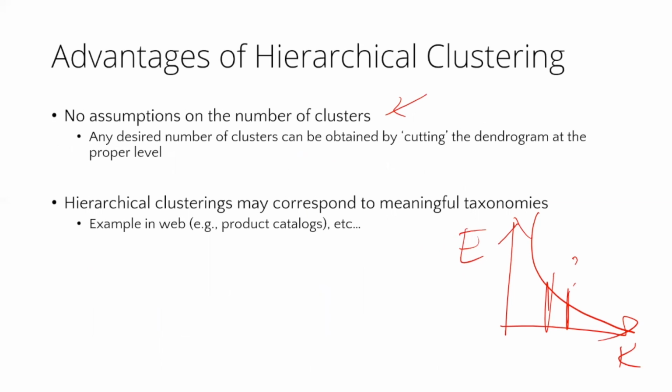Also, it may reveal some meaningful taxonomy. Since this is hierarchical clustering, you may also discover some meaningful and useful categories and subcategories and things like that. So that's another advantage of hierarchical clustering.